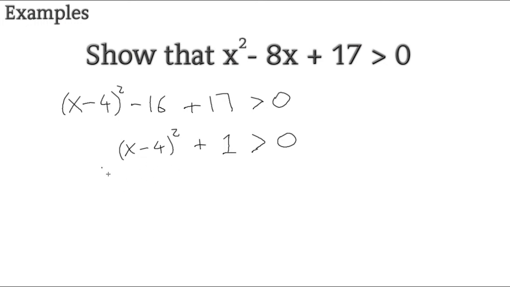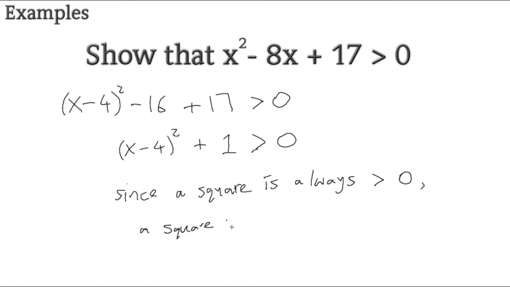In this step, you will have to actually state: since a square is always greater than or equal to 0, (x minus 4) squared plus 1 is always greater than 0. It is greater than or equal to 0 for the square because if x is 4, then you get 0, and this has to be an equality in a sense, but that doesn't impact the result because we're adding 1.